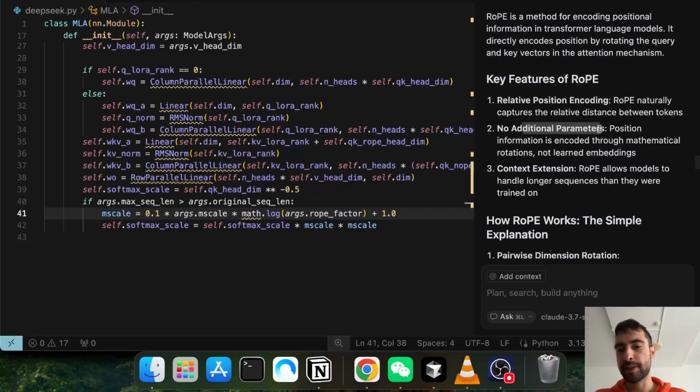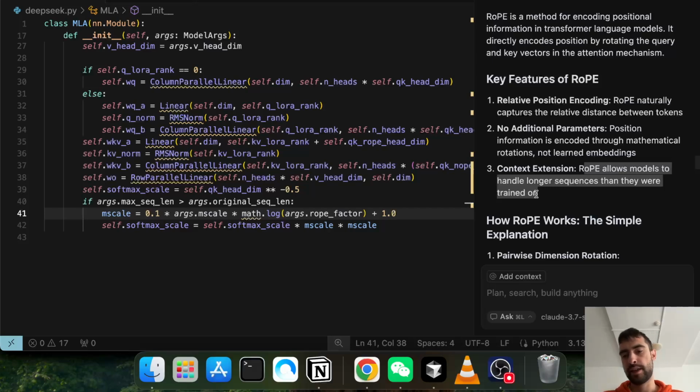No additional parameters. Position information is encoded through mathematical rotations, not learned embeddings. So we don't have additional numbers and parameters to train the neural network for, and no additional computation to train these parameters. And the third one, rope allows models to handle longer sequences than they were trained on.